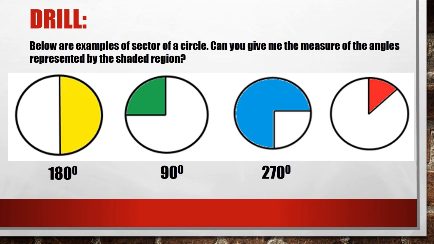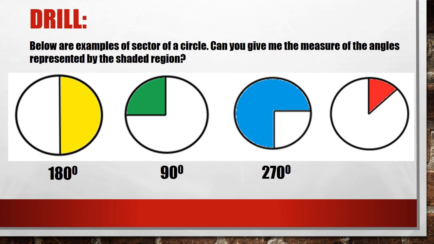270. Parang may connection yung figure 2 and figure 3. 'Di ba? Kasi alam natin na kung hinati siya sa 4 at kinuha ko yung isang bahagi na 90, may natirang 3 bahagi. Therefore, 360 minus 90 equals 270.